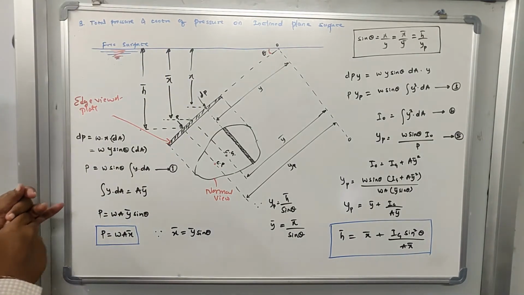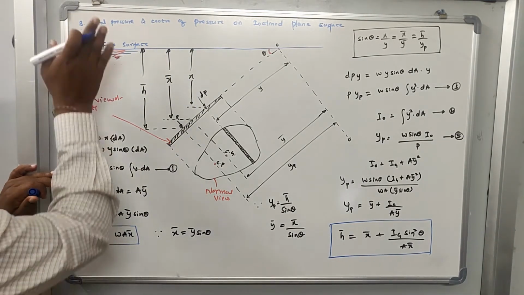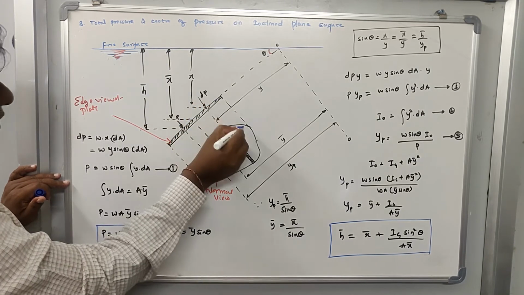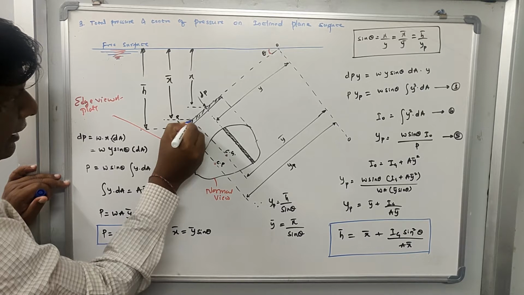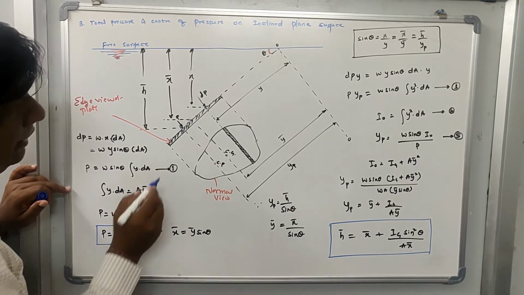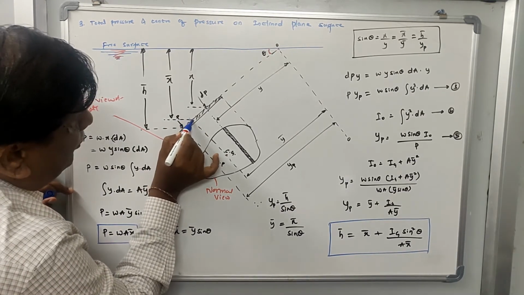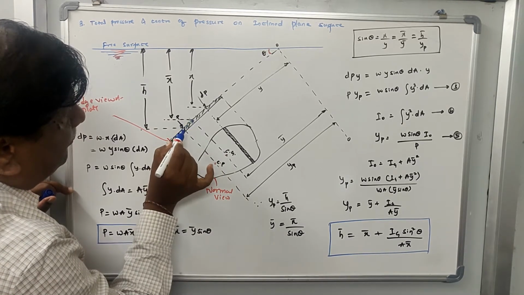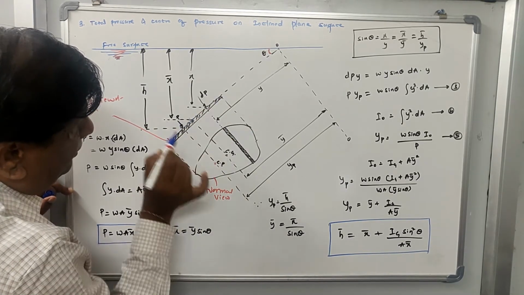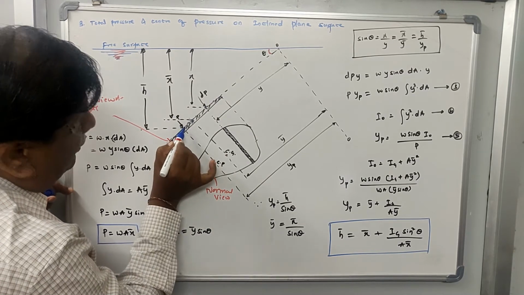Now this is the edge view of the plate. Let us take the projection of this plane in the inclined direction. This is the CG point on the inclined plate, and this is the CP point.